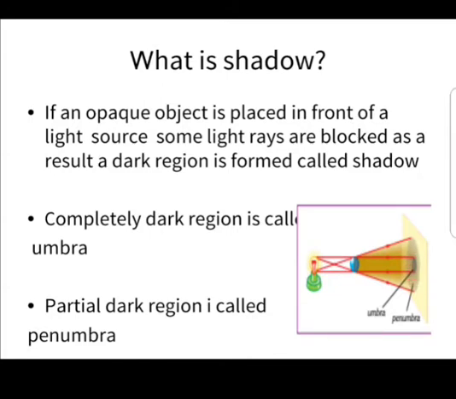And there is a partial dark region that is called the penumbra, and the penumbra is around the completely dark region. A dark shadow with sharp edges can be formed with a point light source. So a lamp cannot form a dark shadow with sharp edges, but just the point light source.